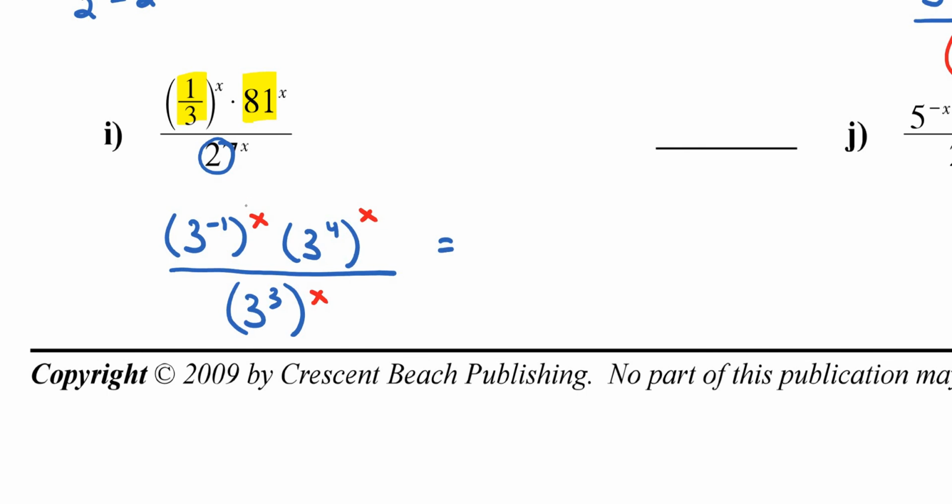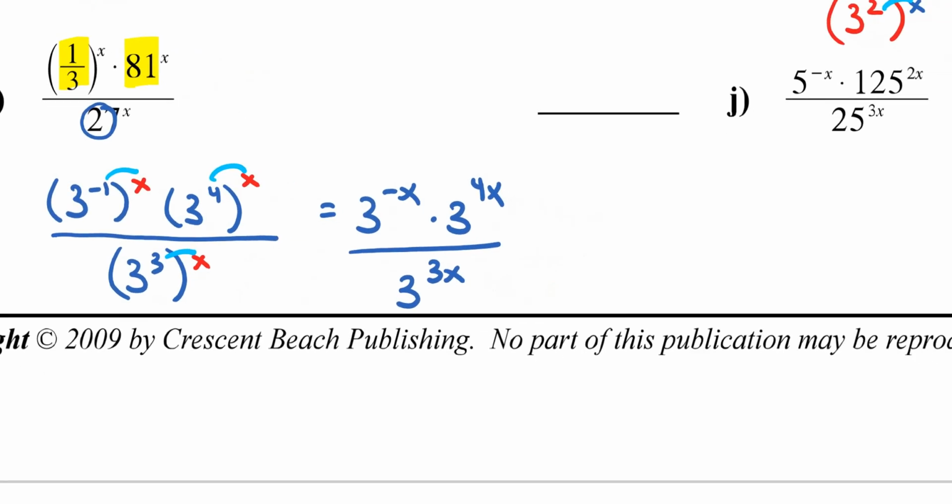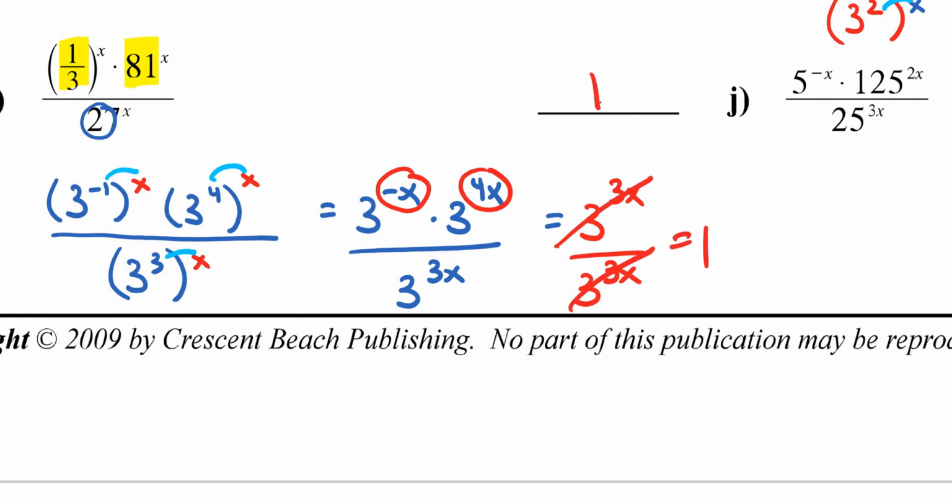So if I go ahead and multiply this through, that's going to be 3 to the power negative x times 3 to the power of 4x, all divided by 3 to the power 3x. Now you want to simplify the top, so negative x plus 4x is 3x, so the top is 3 to the power 3x, and the bottom is the same thing. If the top and bottom are the same, they just cancel off and you get 1. So 1 is your final answer for that one.